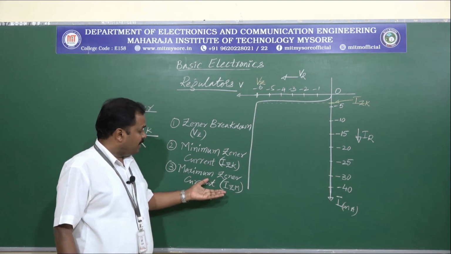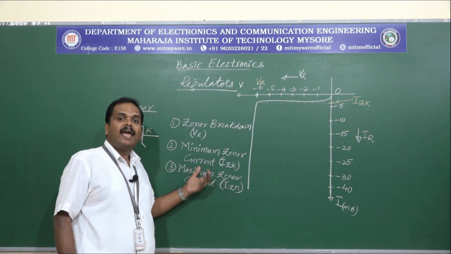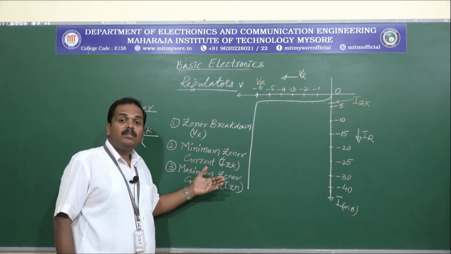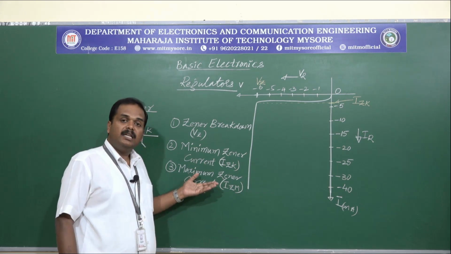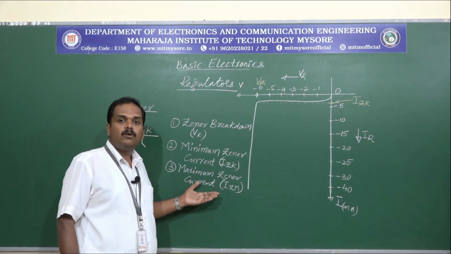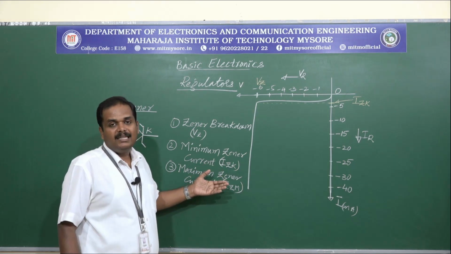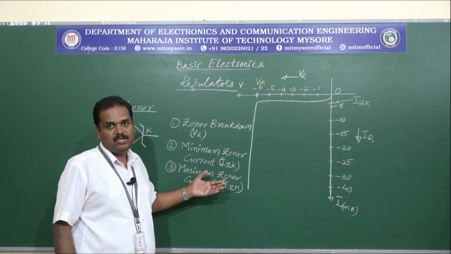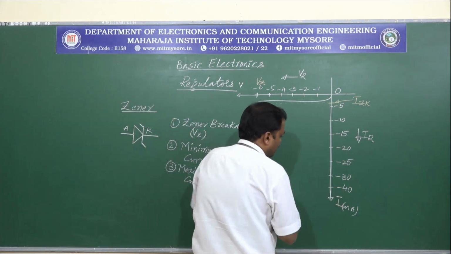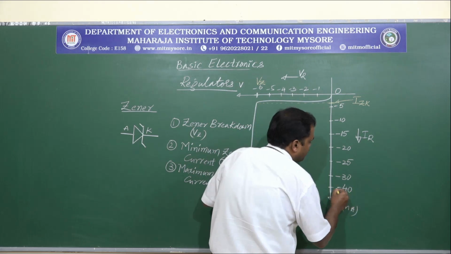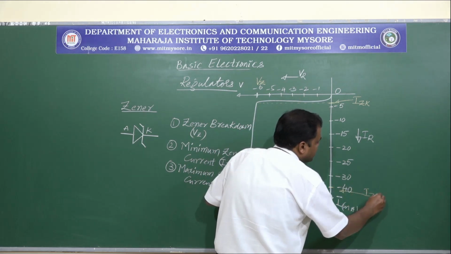This is the maximum reverse current the Zener diode can carry without exceeding the maximum power dissipation. Usually this level, minus 40 milliamperes, is the point we consider as IZM.